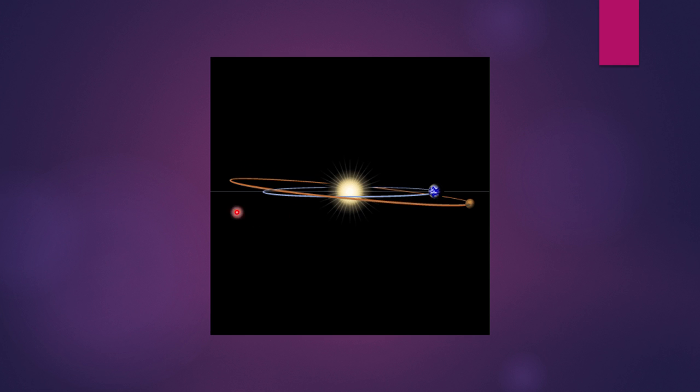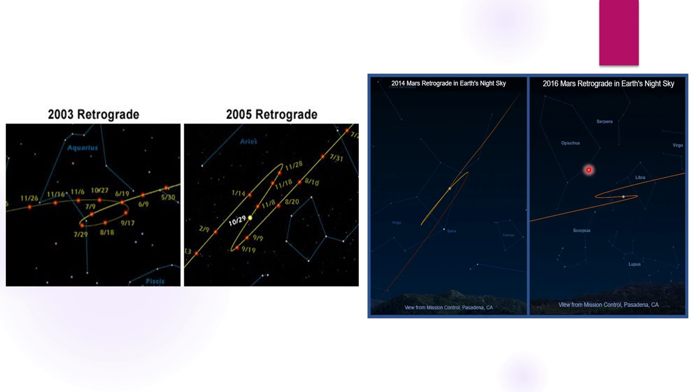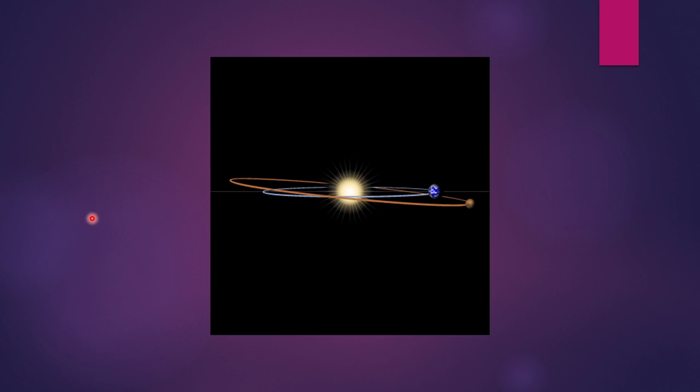So Earth will overtake Mars at different points on these two orbits, when both of the planets are at different positions on the orbits. And that's why there is this difference in the retrogrades. The positions of these two planets are different, and that is why we observe different retrogrades happening.